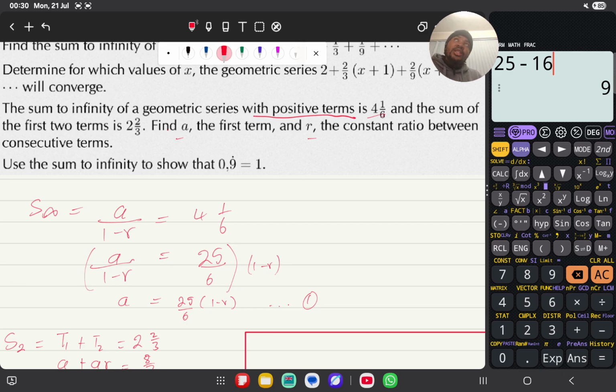Unless, of course, the first terms of your series, or your sequence, were negative, right?